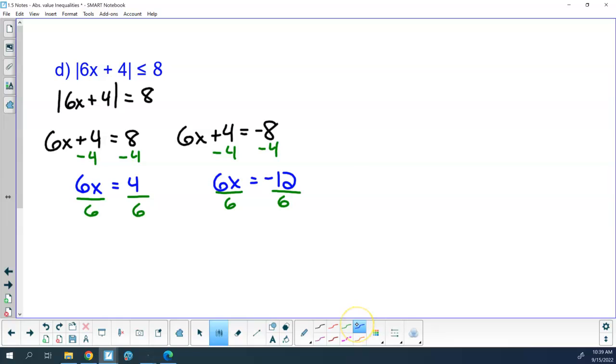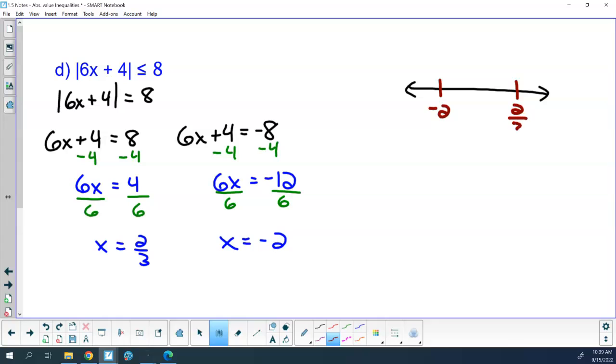And that's going to give me x equals 2/3 and x equals -2. Those are my two key points on the graph. -2, 2/3. Going to be closed dots at both.